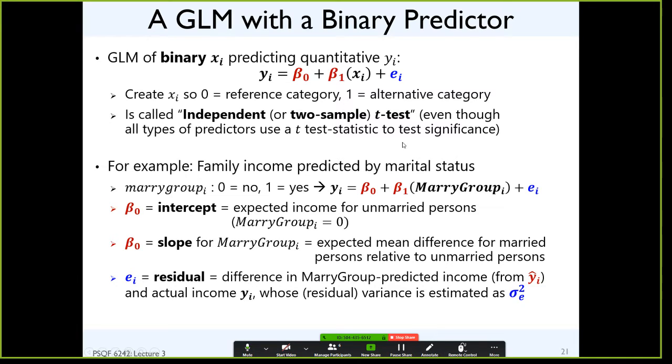In this context, that means this is the expected family income for somebody who belongs to married group equals 0. So if I set that to be unmarried persons for 0 and married persons for 1, then the intercept is specific for unmarried persons.